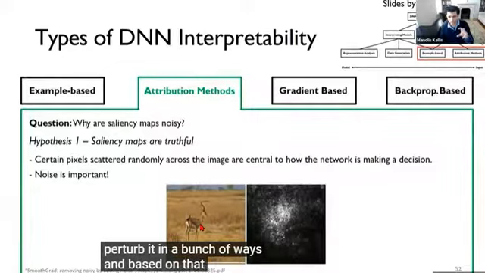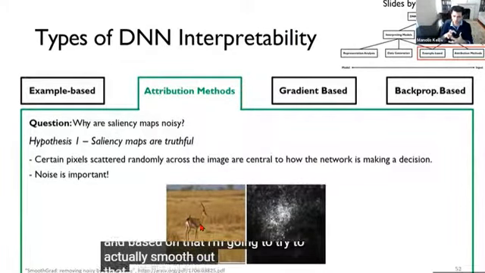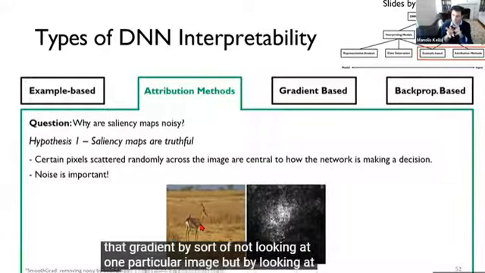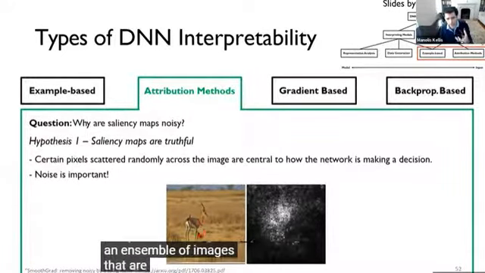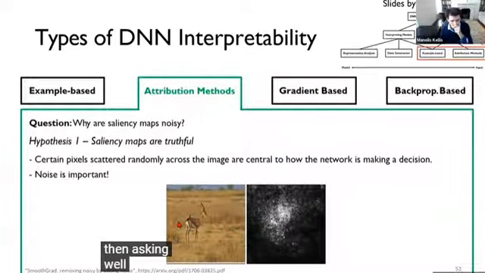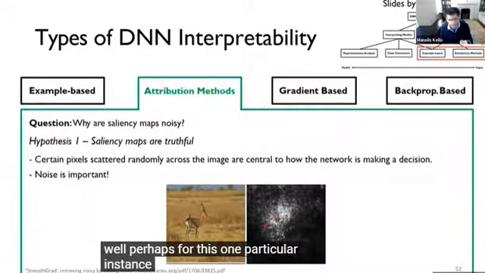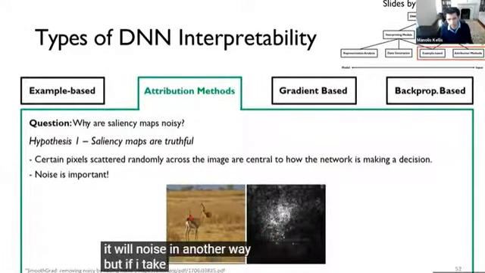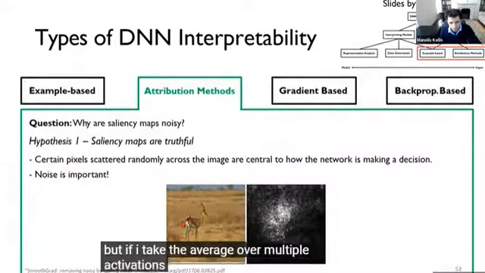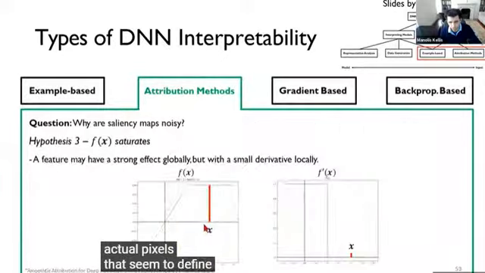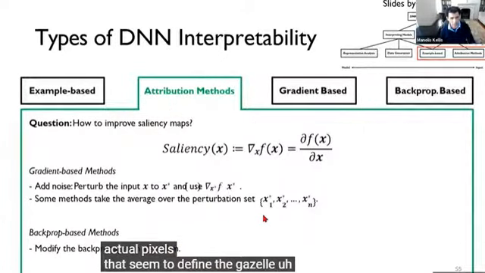And based on that, I'm going to try to actually smooth out that gradient by not looking at one particular image, but by looking at an ensemble of images that are near this particular image, and then asking, well, perhaps for this one particular instance, the activation function is noisy this way. And for another instance, it will be noisy another way. For another instance, it will be noisy another way. But if I take the average over multiple activations, then maybe they will converge on the actual pixels that seem to define the gazelle more directly.